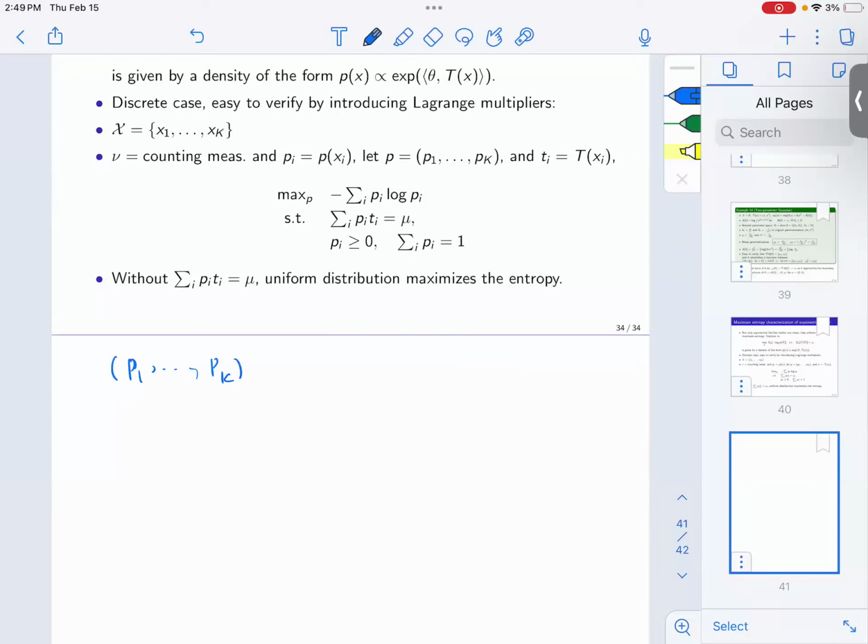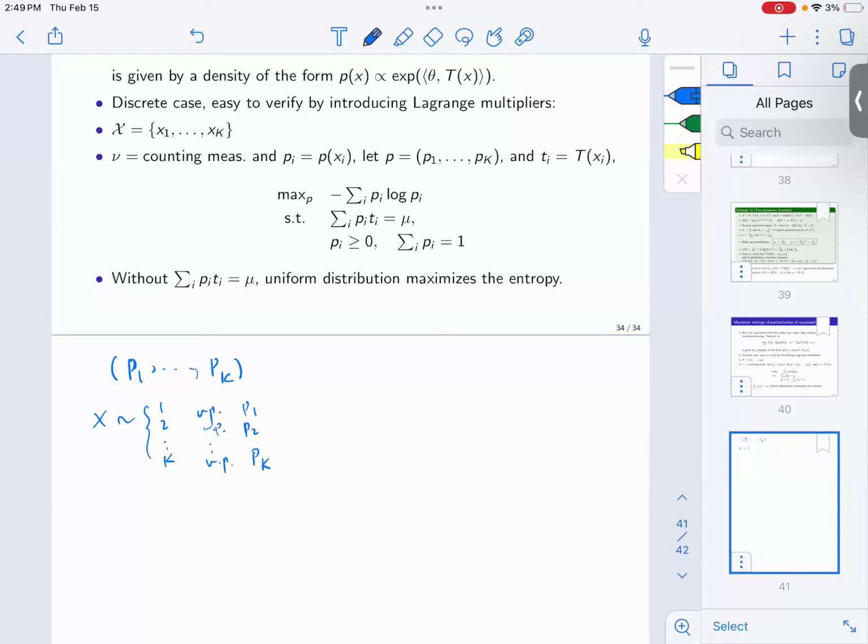A discrete distribution can be represented by a vector. So this is a distribution on, let's say, 1 to k. A random variable that takes values 1 up to k, with probability p1, probability p2, up to pk. A random variable that does this has a distribution like that.